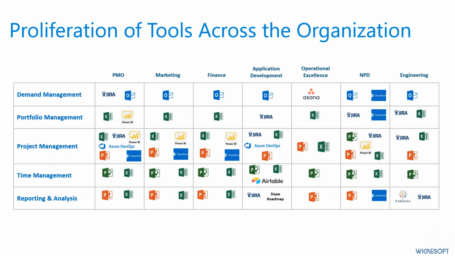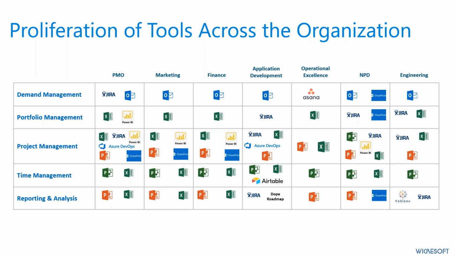The other piece now with the digital age is the easy access of cloud tools and other things in the marketplace. There is a proliferation of tools, as different teams and people in your organization start taking advantage of them. Here is an example we took from a customer of ours: down the left-hand side are the different functional areas like demand management, portfolio management, et cetera, and across the top, all the different functional units or organizations or departments within that enterprise.